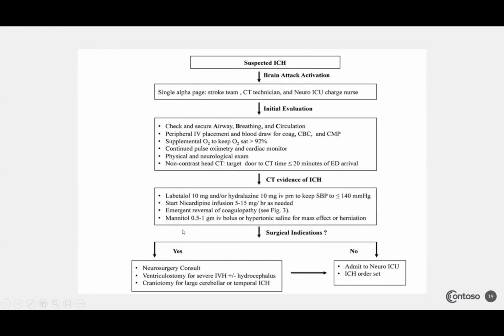If there is brain edema or mass effect, mannitol could be started, or hypertonic saline started peripherally and shifted to a central line. If there is any surgical indication, the patient should be admitted to the ICU because they need close monitoring of their blood pressure.